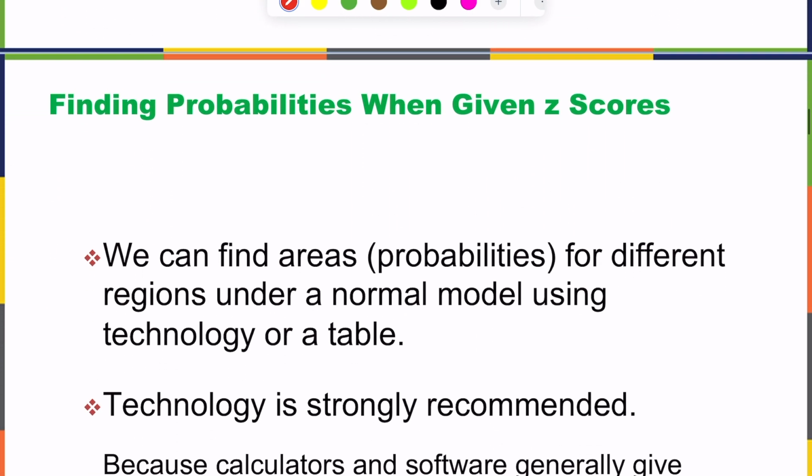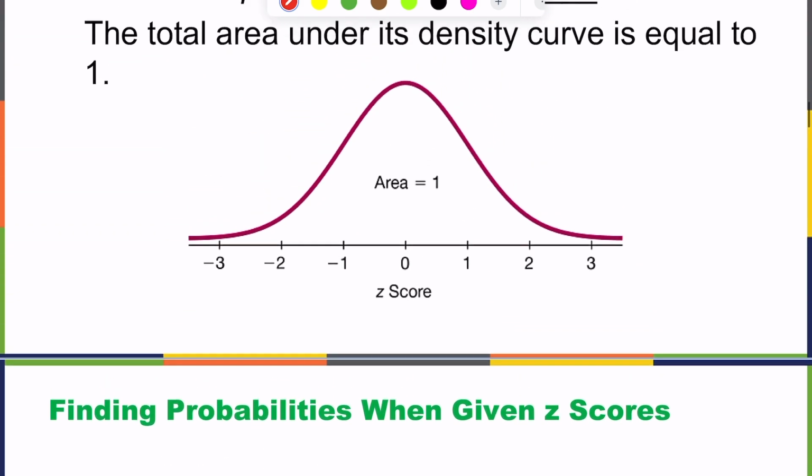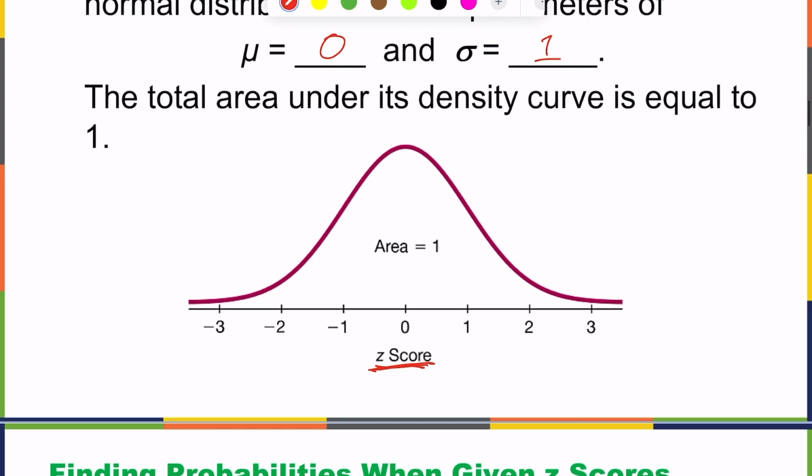Okay, finding probability when given z-scores. Right, so here's our distribution, and if we want the probability, we need to compute areas. The x-axis here is z-scores because it's standard normal.